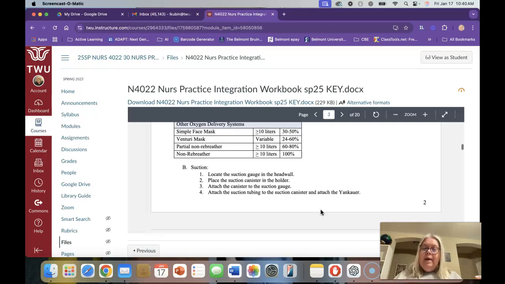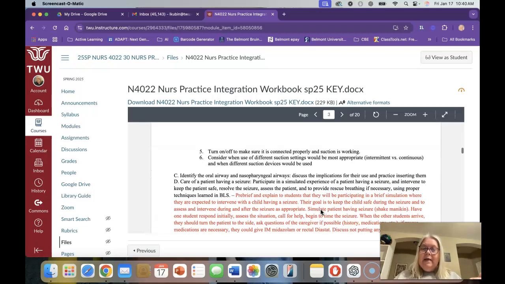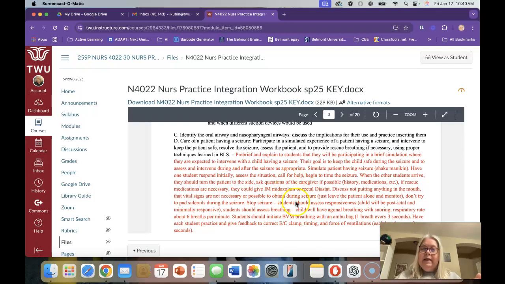The other thing that I want to point out to you is here's where that simulation is where they're supposed to demonstrate care of the child having a seizure. This is where you want to watch them do rescue breathing after that seizure has resolved.